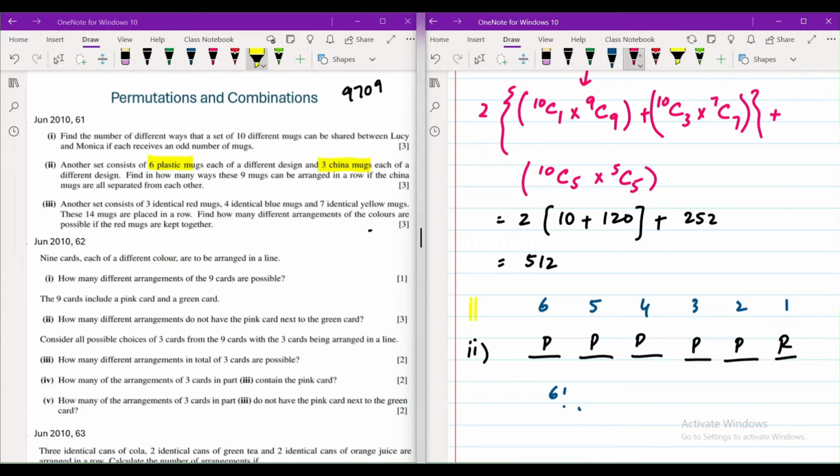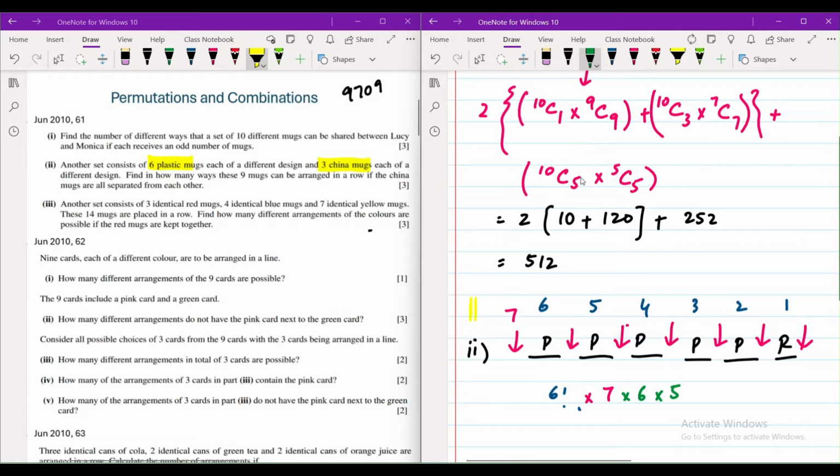And 3 china mugs, that means since they are going to be separated from each other, how many places can we arrange them? 1, 2, 3, 4, 5, 6, 7. So for the first one, we have 7. And when one of them is gone, obviously that means 6 remain for the other 2, and then 5 remain for the last one.